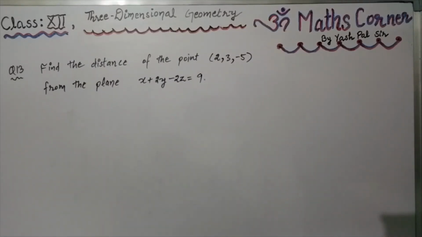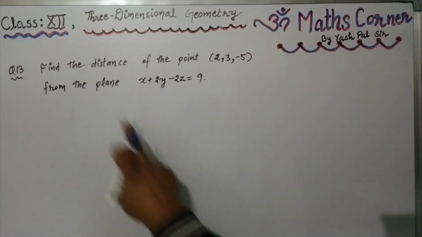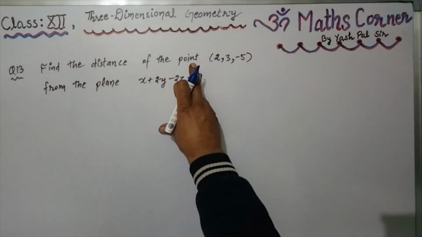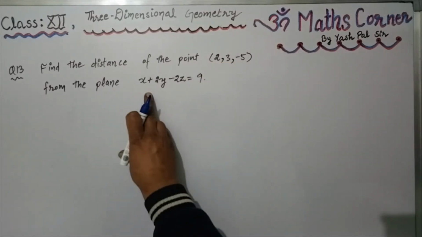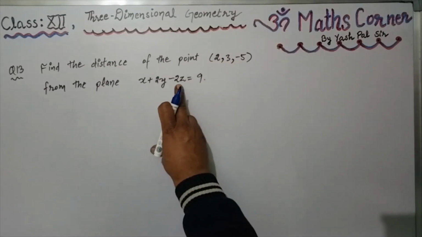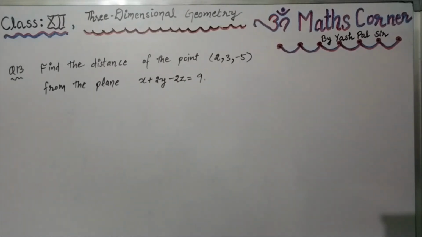Question number 13. Find the distance of the point 2, 3, minus 5 from the plane x plus 2y minus 2z is equal to 9.